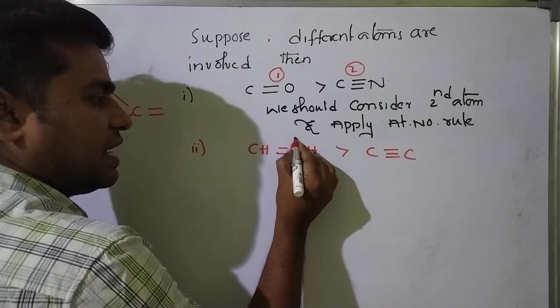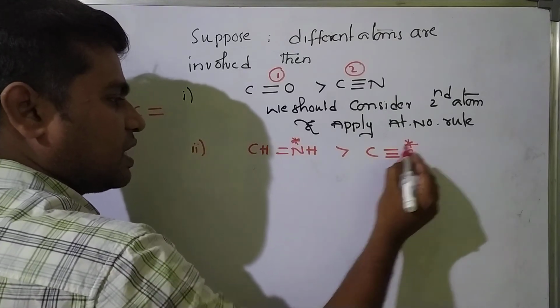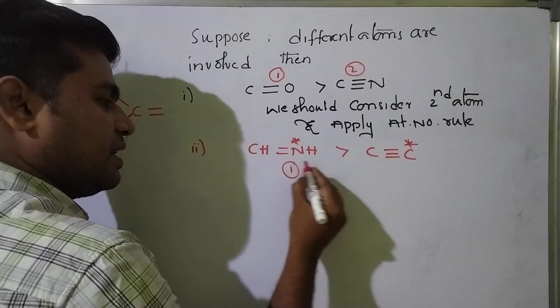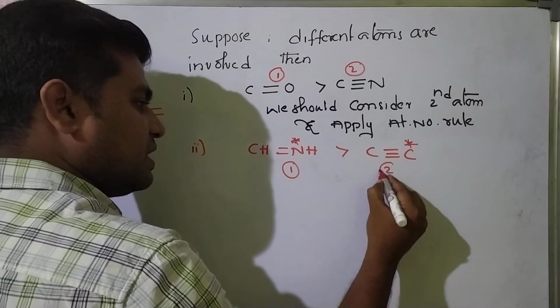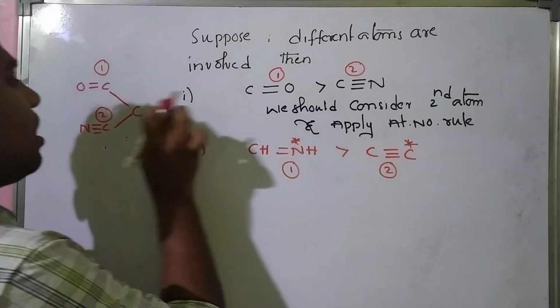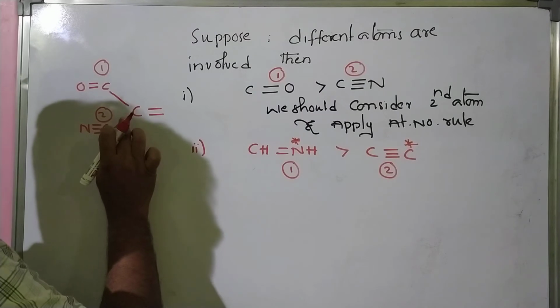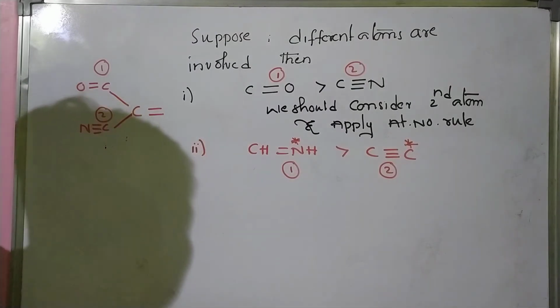So here the second atom nitrogen has more atomic number compared to carbon. So it will get first priority, this will be second. Okay, if these two groups are present on the same double bonded carbon, please note.